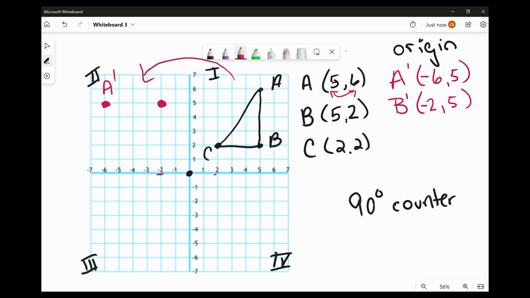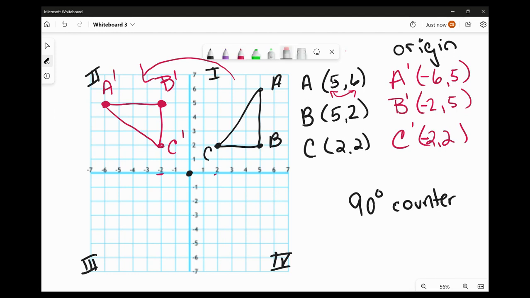And without even drawing, I'm just going to show you. For C prime, that doesn't really help because the numbers are the same. So it's going to be some version of 2, 2. And since it goes into quadrant 2, I know it's -2, +2. And it's going to look like this. And notice it's turned.